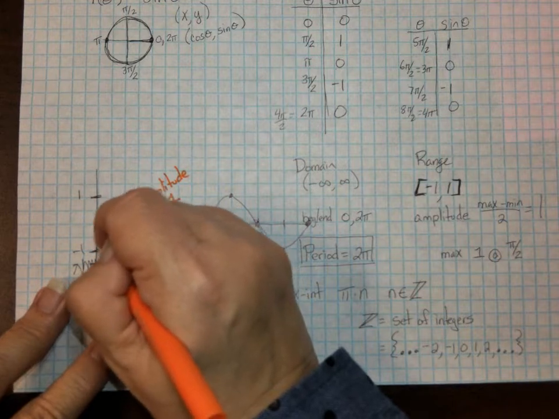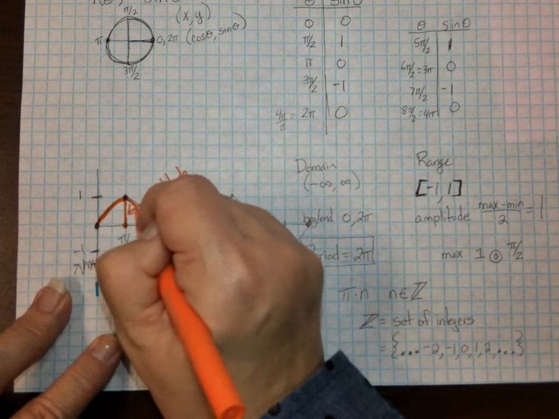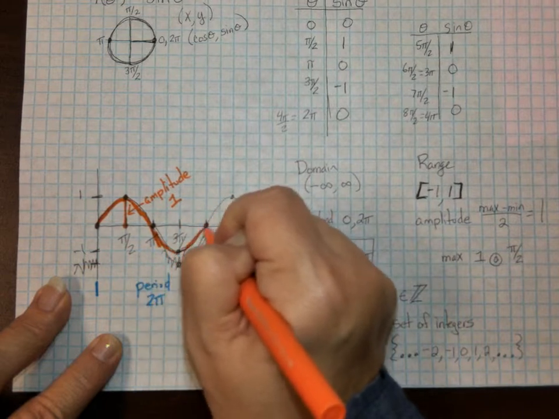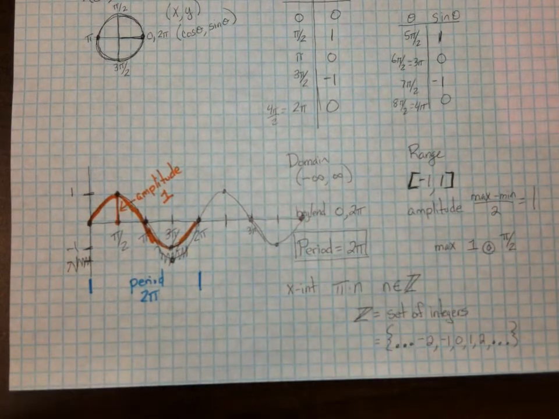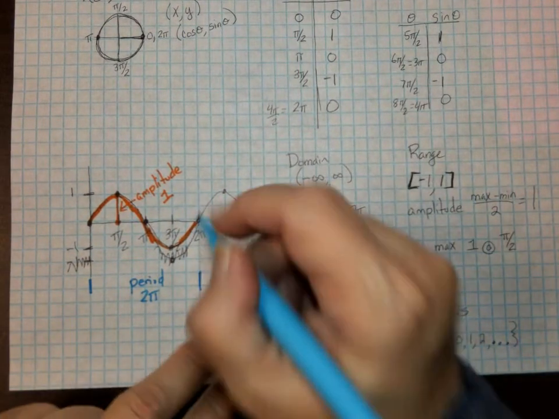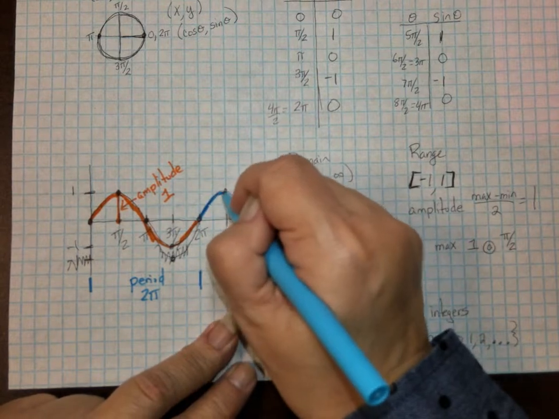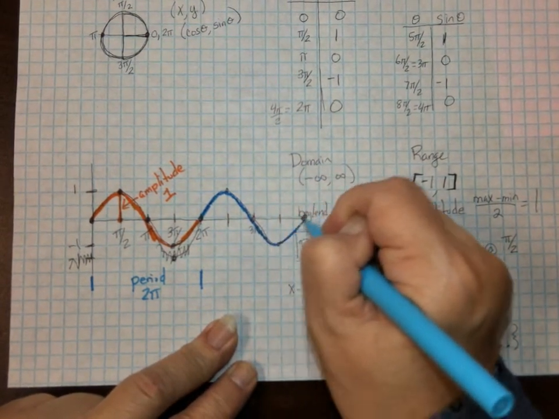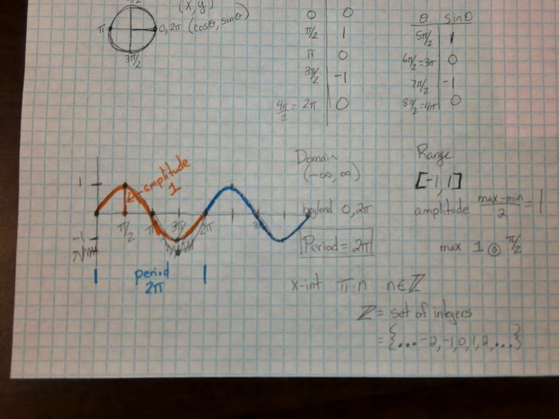So I'm going to use colors. So you can see we did one period of our function. And then we have a second period of our function. And then the wave's just going to keep on doing like that.